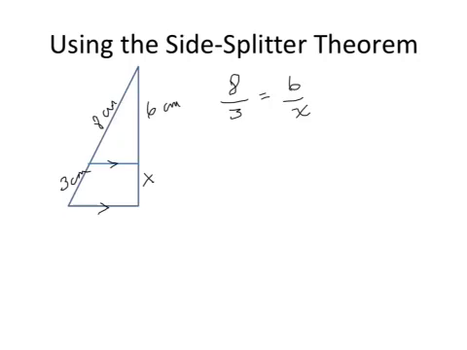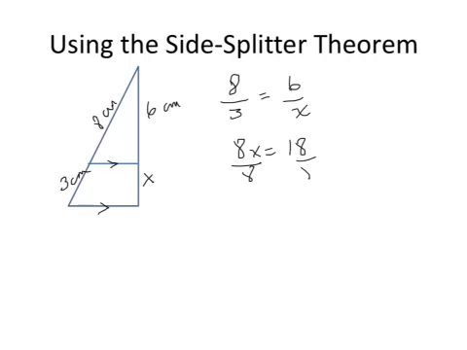There's lots of ways I could have set it up using the proportionality properties that we studied at the beginning of the unit. But I'm just going to set it up this way because it kind of goes with the picture a little bit. So that will give us, cross-multiplying, 8x equals 18.